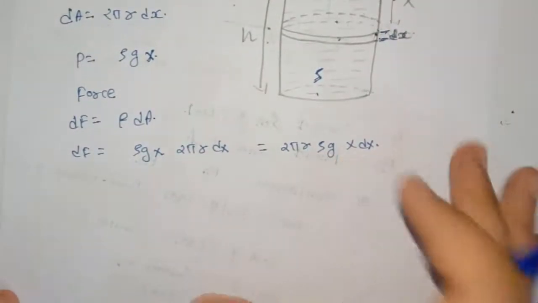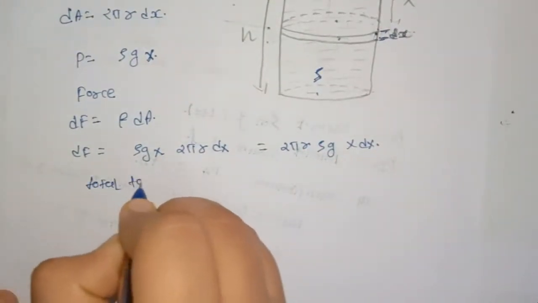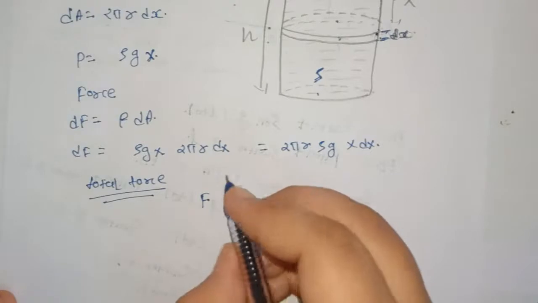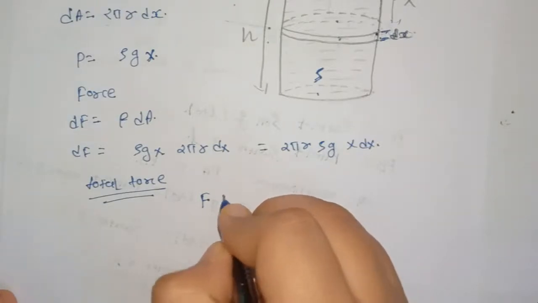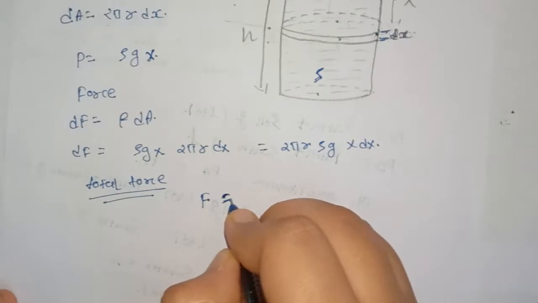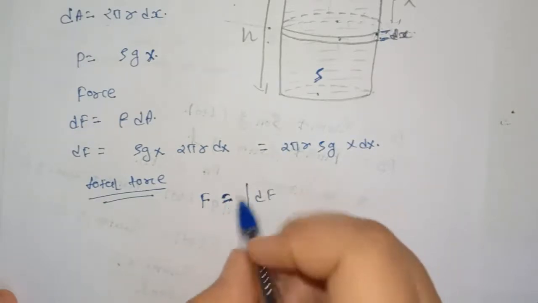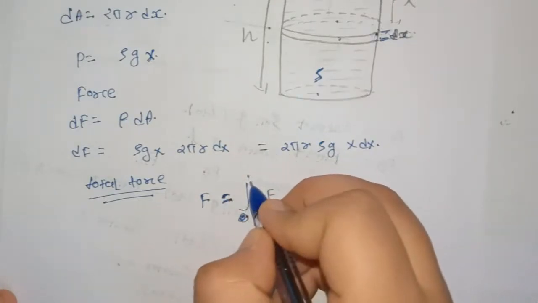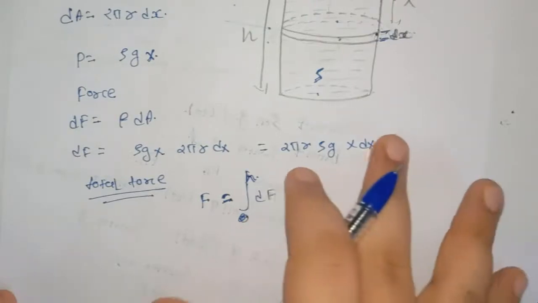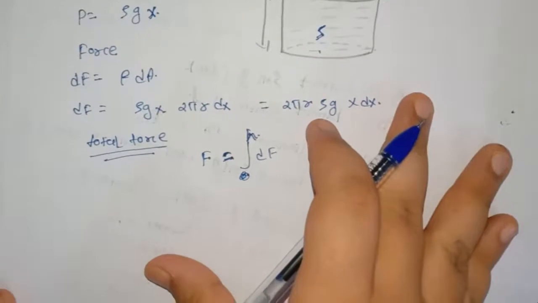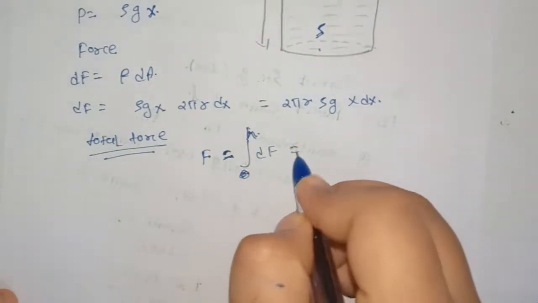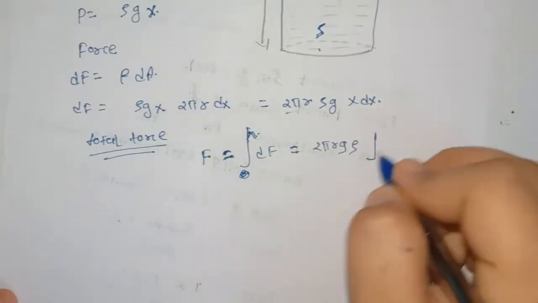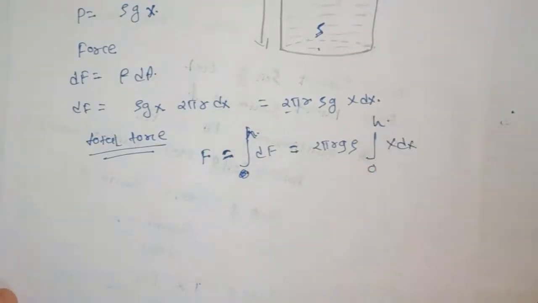Now the total force on the wall of container will be F is equal to integration of dF, limits will be 0 to h.